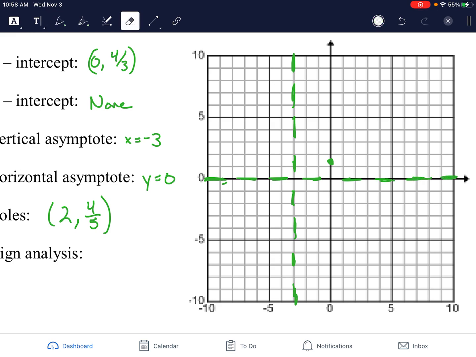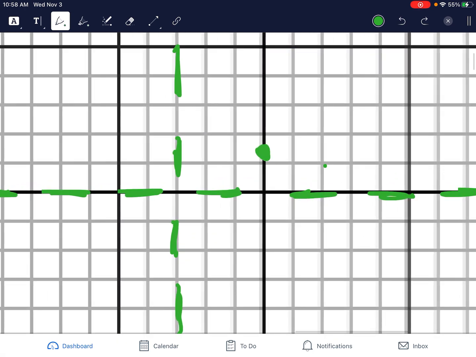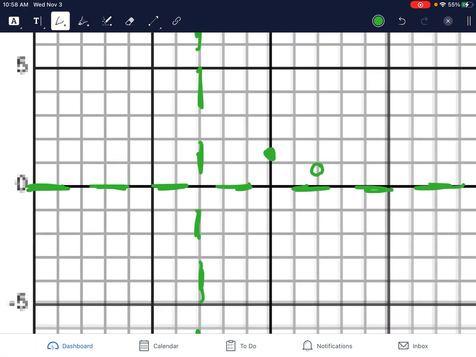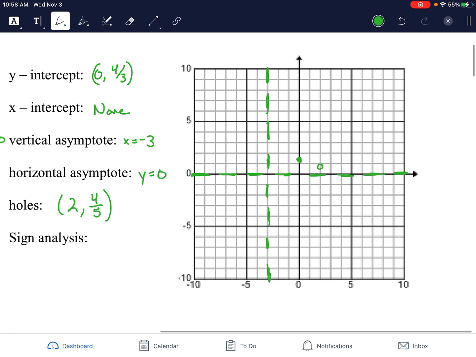Let's erase that stray mark because it's bothering me. All right, your hole is at 2, 4 over 5. So 2, 4 over 5 is going to be here. That's an ugly hole. There we go, that's better. All right, and then we're out of stuff.